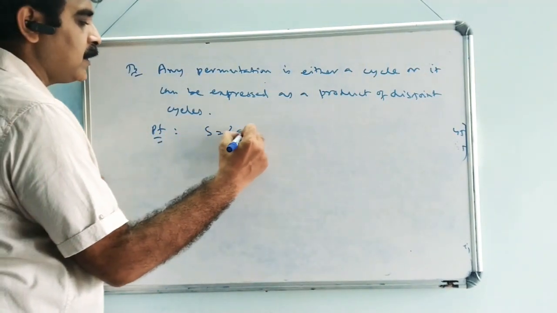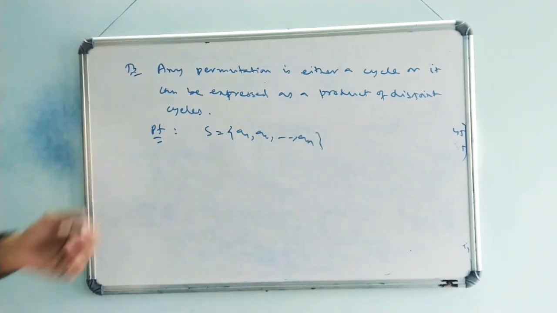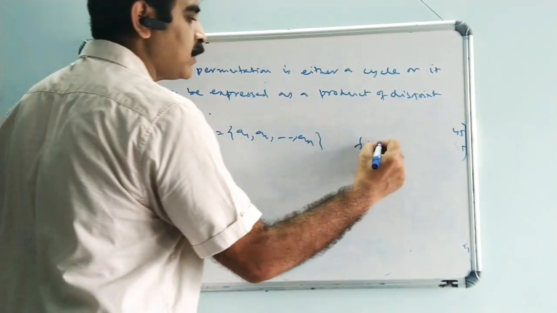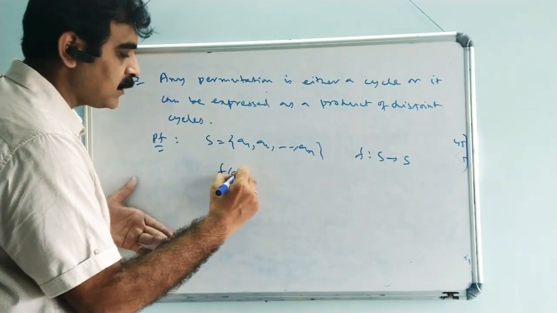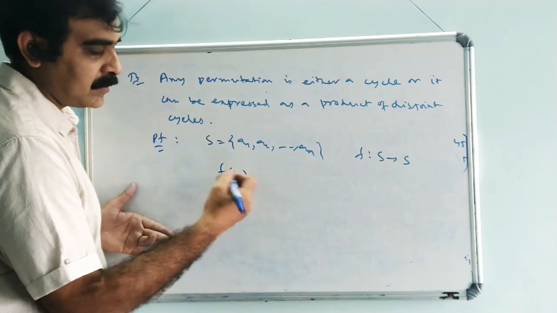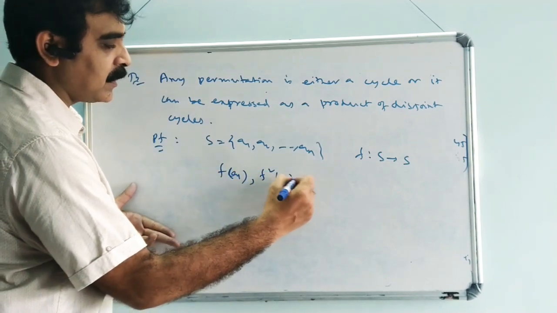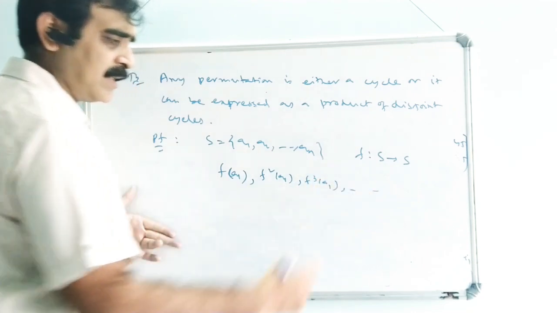Let us consider S equal to {A1, A2, ..., An} be any set, and F be a permutation on S. That is, F is a bijective mapping from S to S. We consider the images of A1 with respect to these mappings. We consider first F(A1), then F²(A1), then F³(A1), and so on.